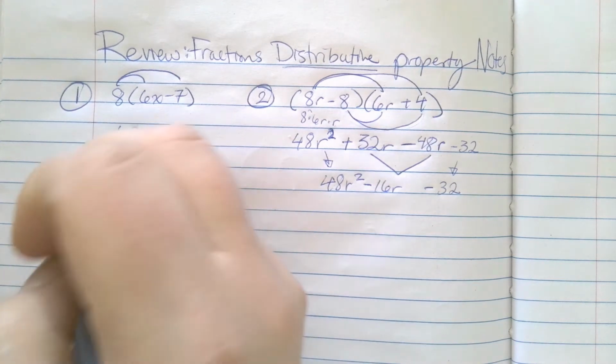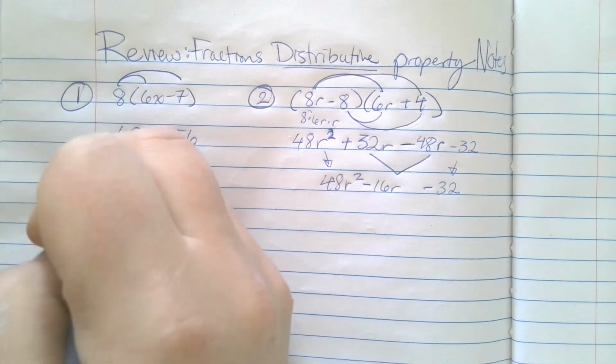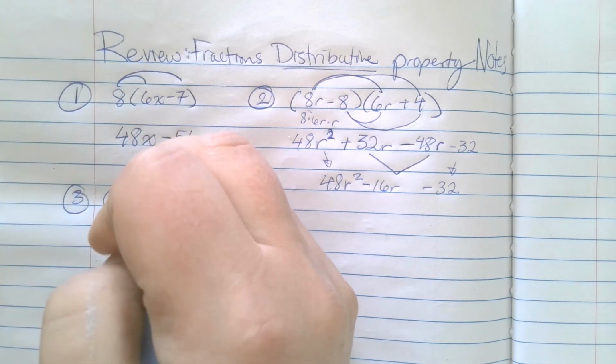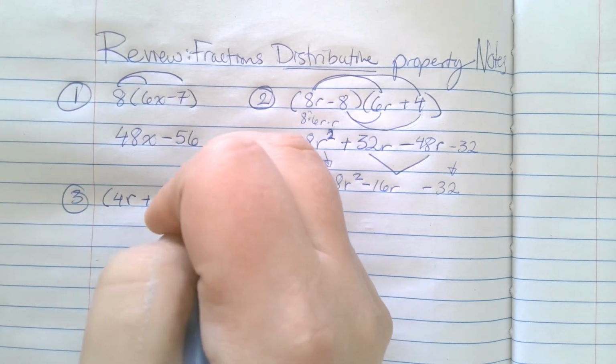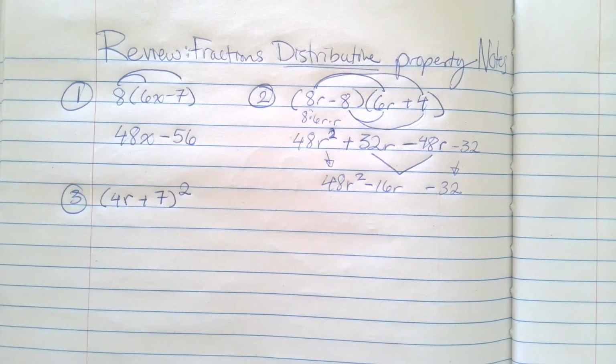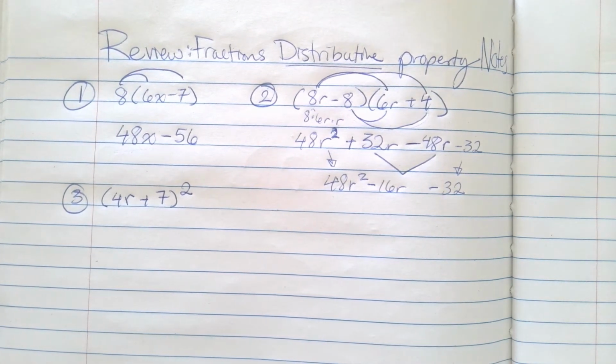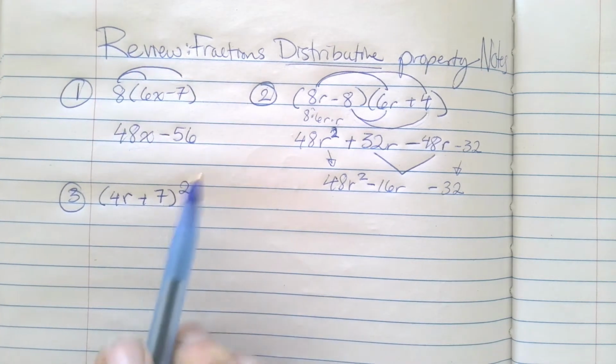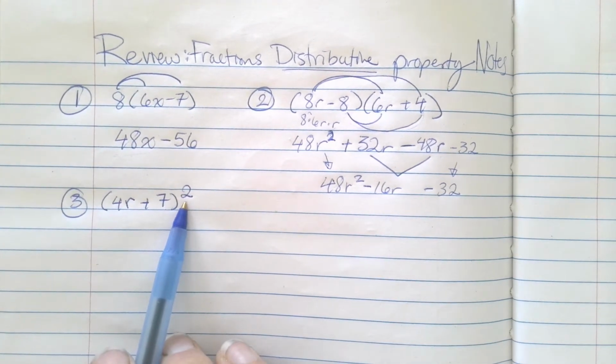Now this is almost the same, but a lot of people are struggling with it, so I wanted to go over it. Pedro, what's my next step? Multiply. Well, what does that squared mean? Oh, you write it twice, don't you? Thank you.